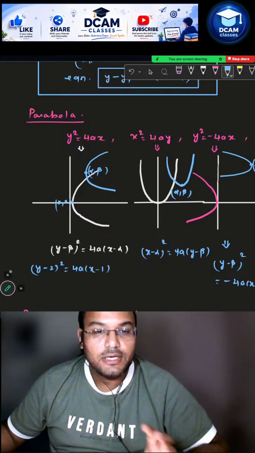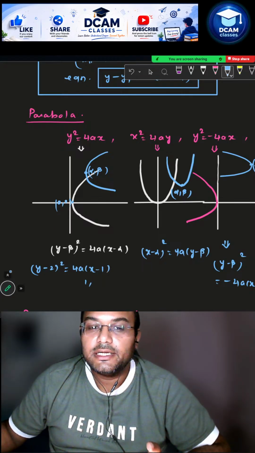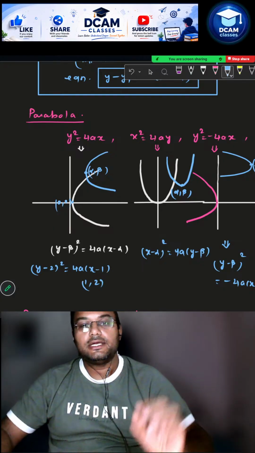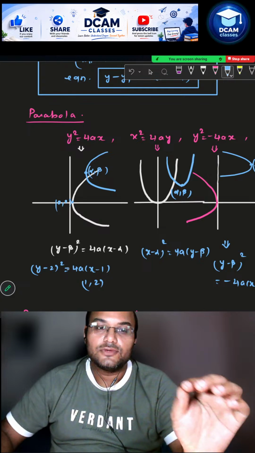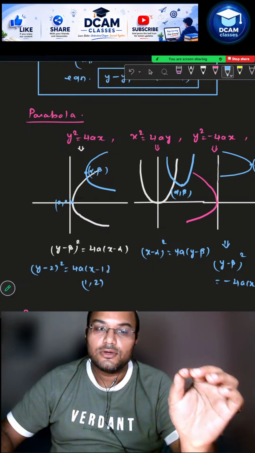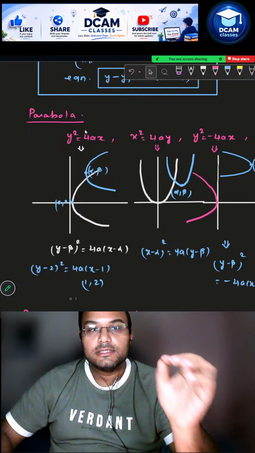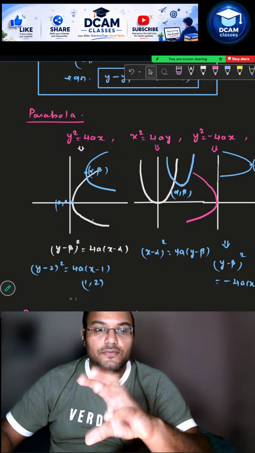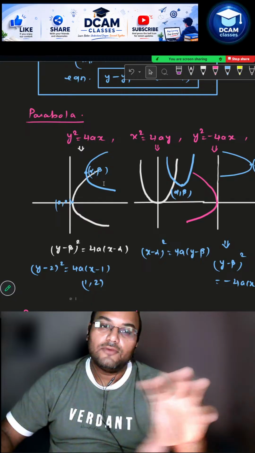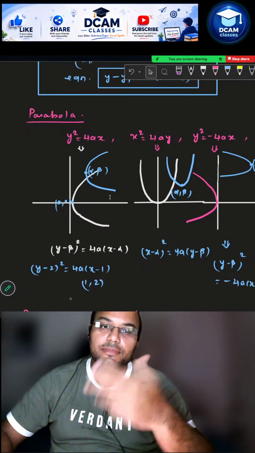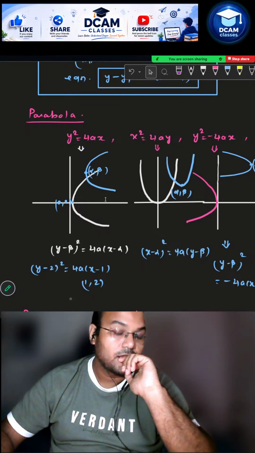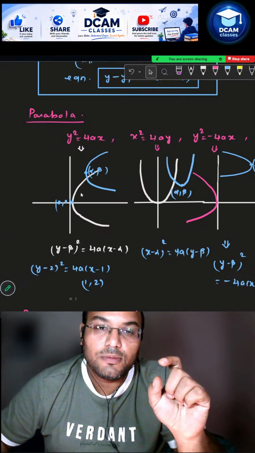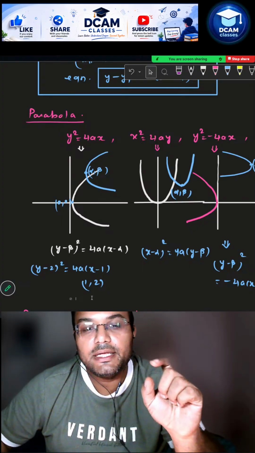The only difference is it has the center or the vertex at 1, 2. That means this form, y minus 2 whole square equal to 4a into x minus 1, is similar to y square is equal to 4ax type. So what will happen? The parabola would remain same, everything would remain same, the shape would remain same, but the center would be shifted from 0, 0 to alpha, beta, i.e. 1, 2.